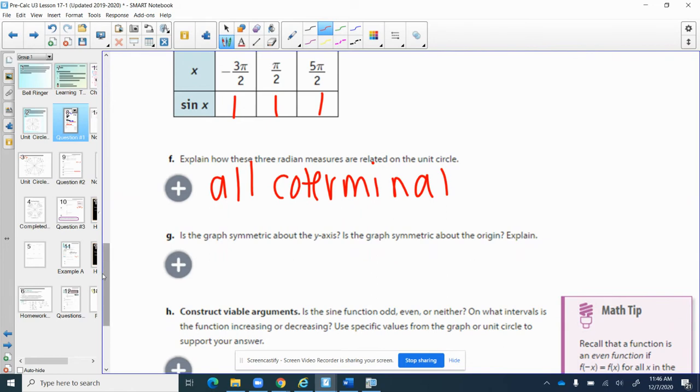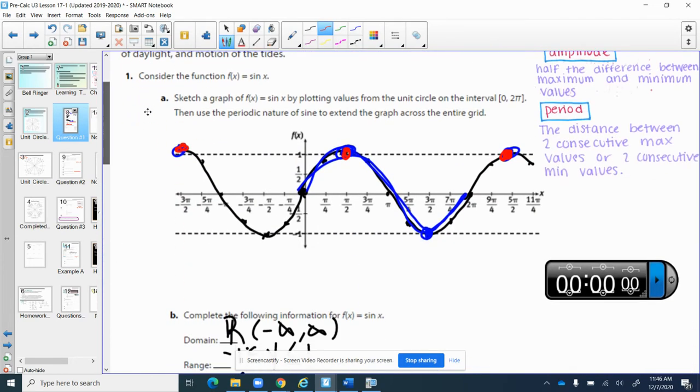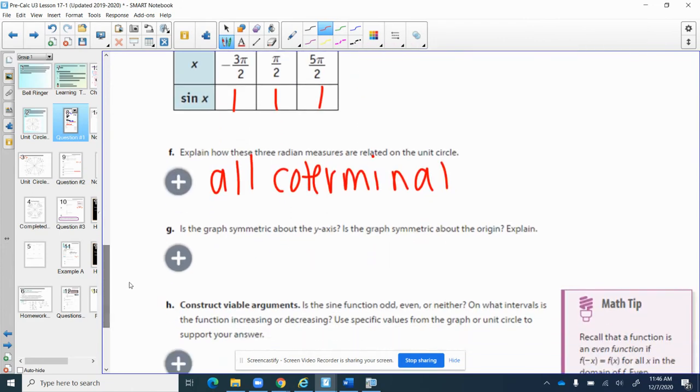Now, talking about symmetry of our graph, if we tried folding this over the y-axis, it would not reflect upon itself. But if you turned this graph upside down, it would look the exact same. So it is not symmetric to the y-axis.